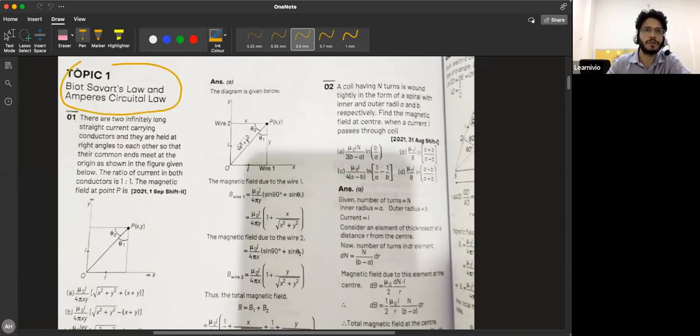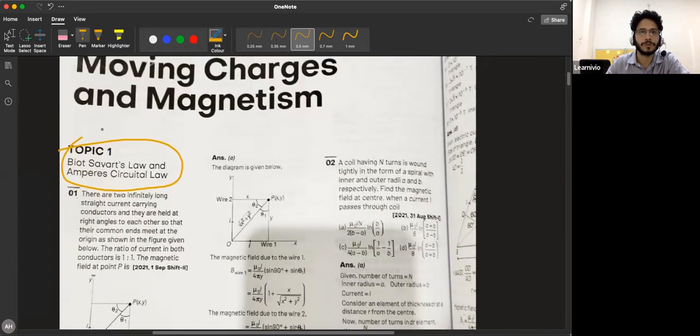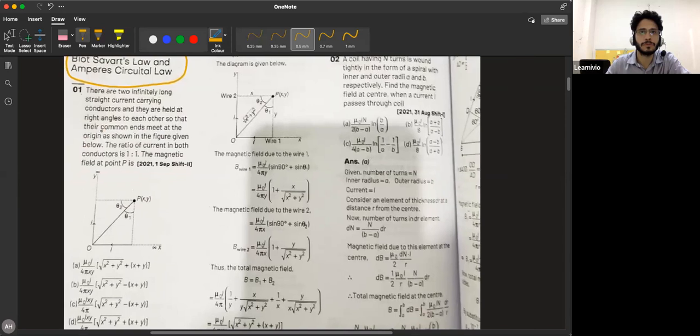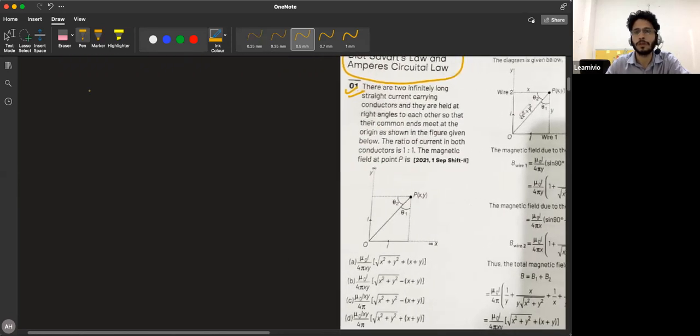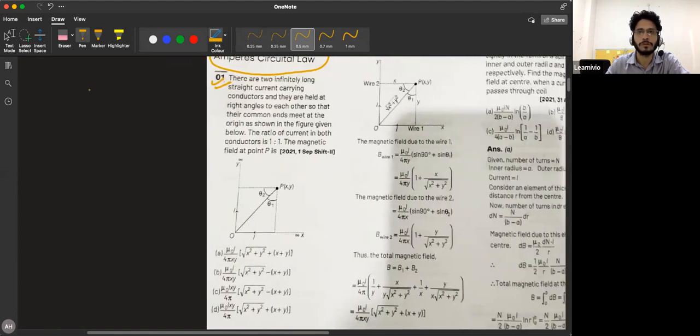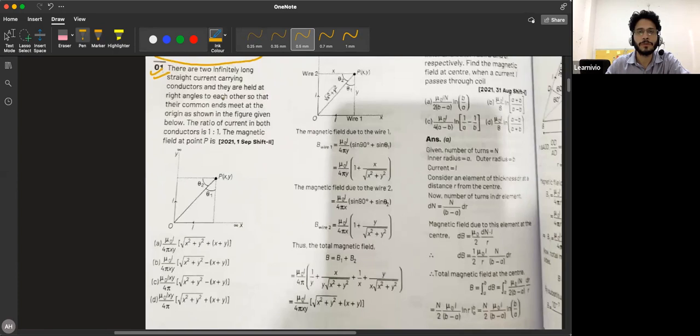This is Biot-Savart's law and Ampere's circuital law. Let's start with the first question. It has solutions also.